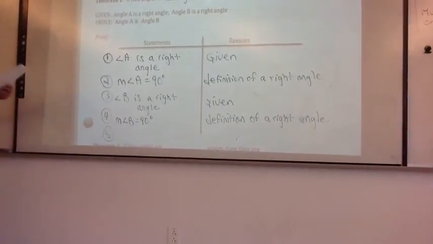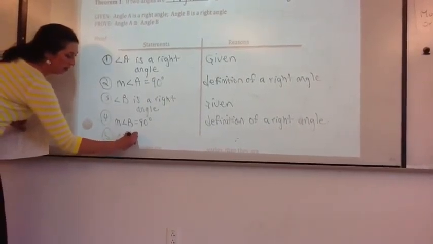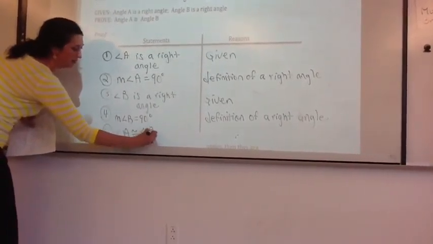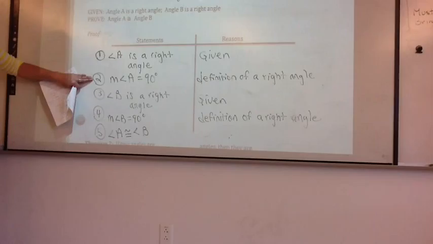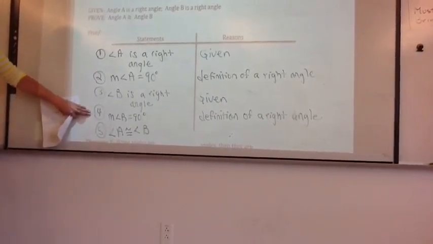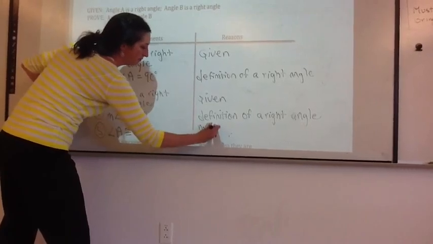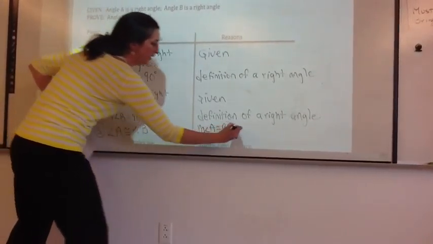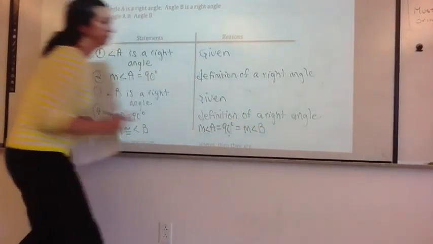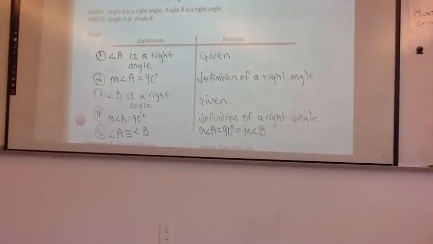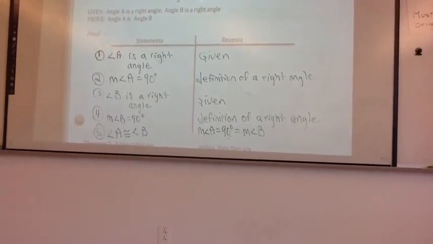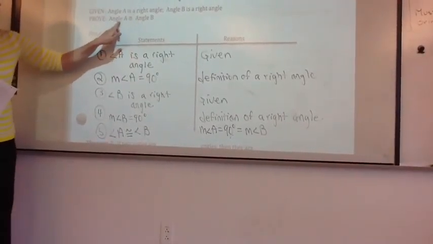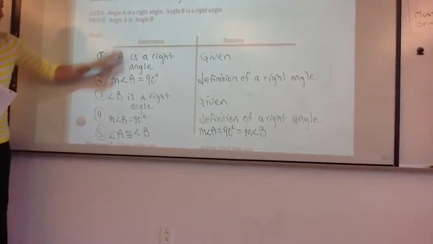Statement 5, angle A can then be assumed congruent to angle B. We have in our statements the fact that measure of angle A equals 90, which is equal to the measure of angle B. Again, seems kind of obvious, but what you want to do when you write 2-column proofs is give yourself a series of statements to back up your givens and try to link the two statements at the end here.